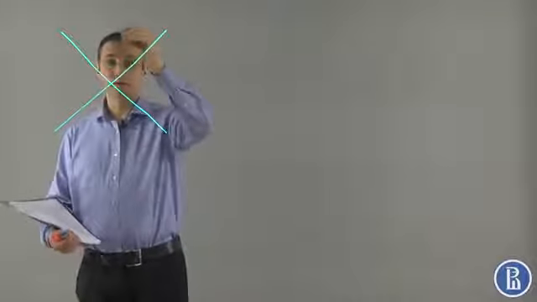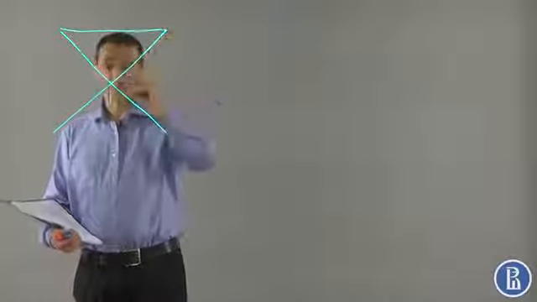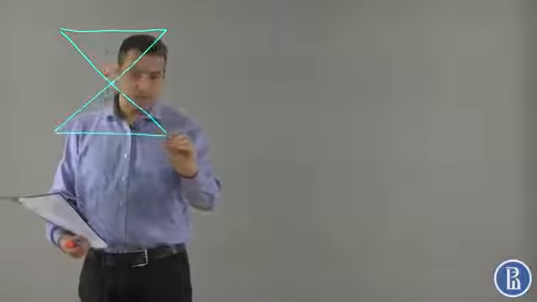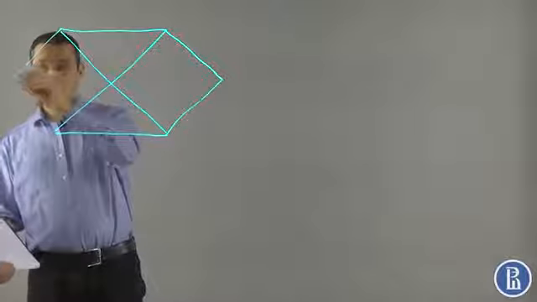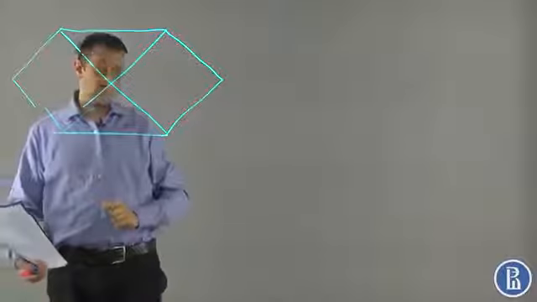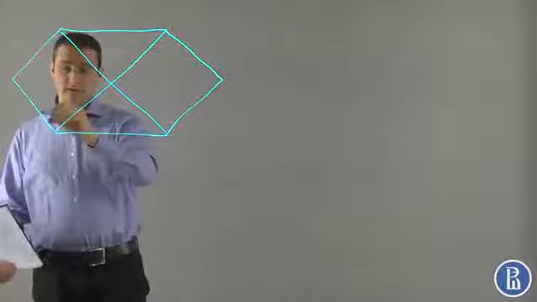So this is a light-like line. I didn't draw it carefully on the previous board, so let me draw it more carefully. This is parallel to this. This is parallel to this.